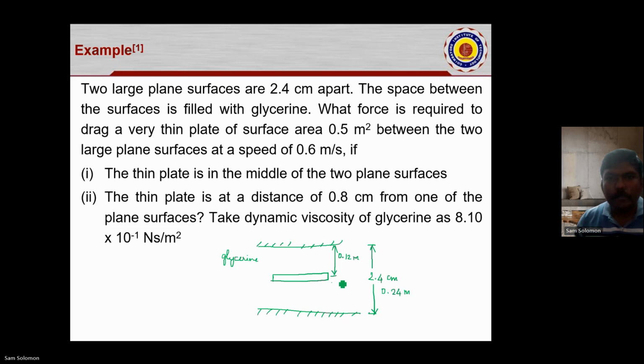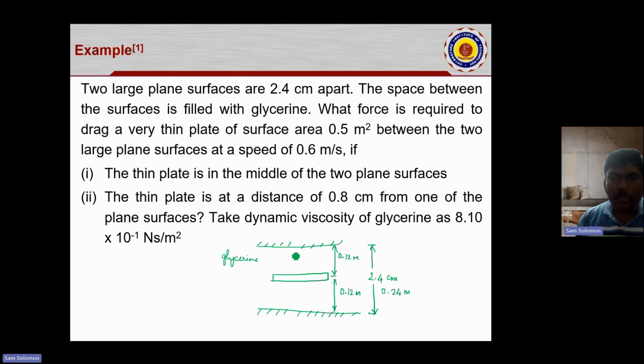and this side it's going to be 0.12 meter apart. So they have said it's a very thin plate, so the thickness of the plate can be considered negligible.